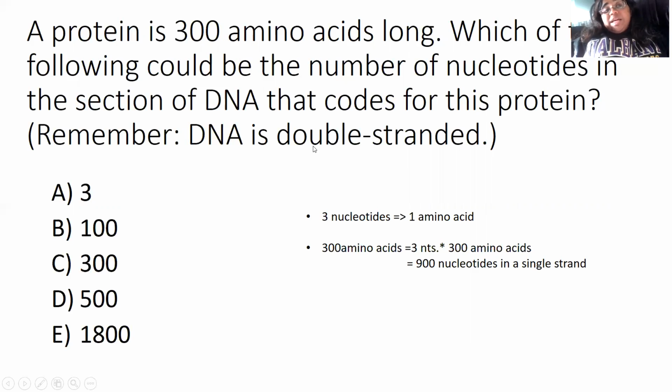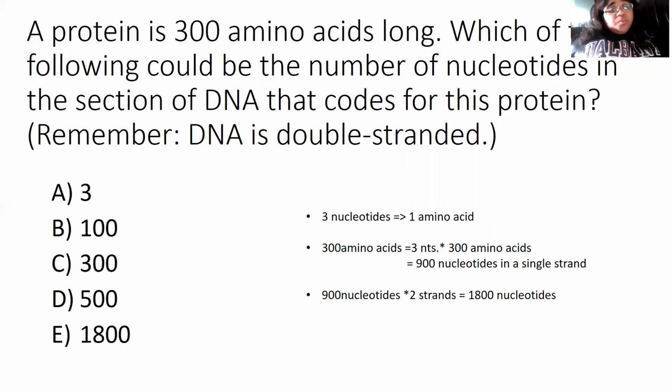But in this case, we have to remember that DNA is double-stranded. So the number of nucleotides is twice the number, right? So 900 times 2, that is how we end up with 1800 nucleotides, right?